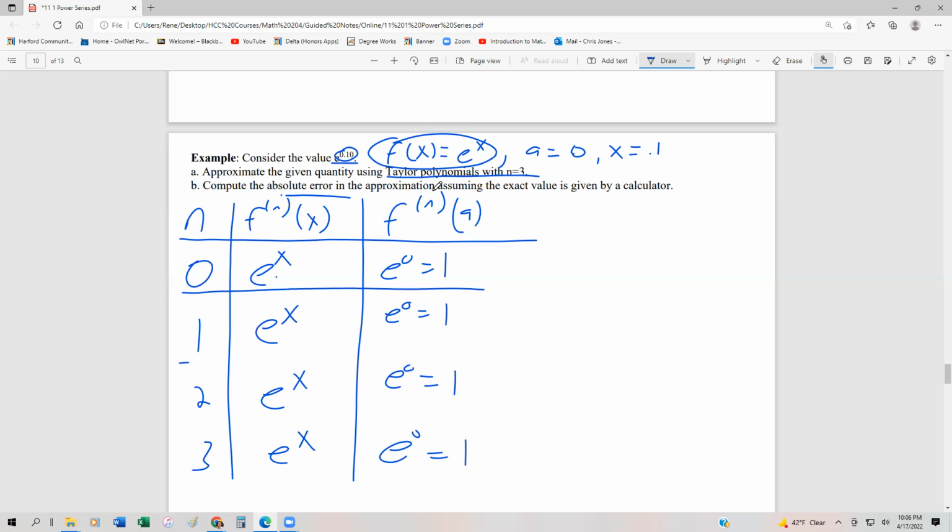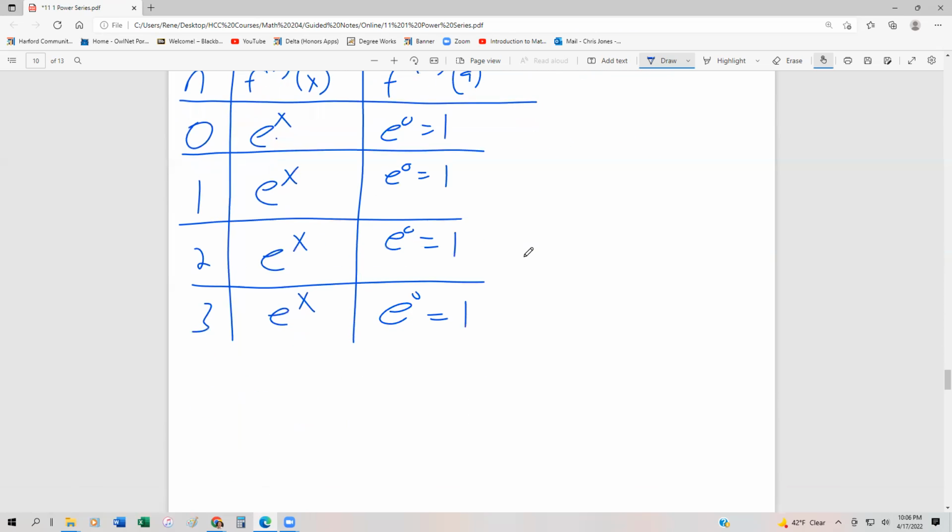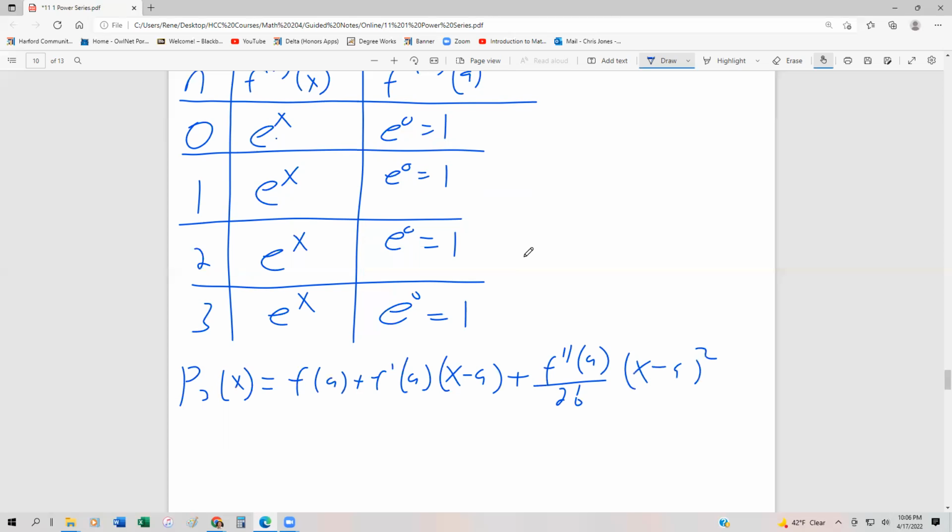All right, so to find our third degree Taylor polynomial, this is going to be our formula. I'm just going to call that P sub 3 of x. So that's f at a plus f prime at a times x minus a, plus f double prime at a divided by 2 factorial times x minus a squared, and then finally the third derivative at a divided by 3 factorial times x minus a cubed.